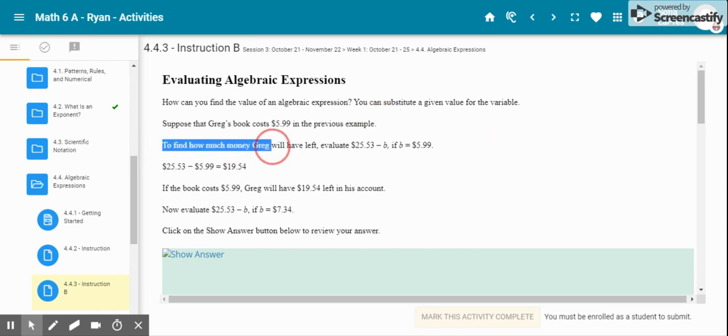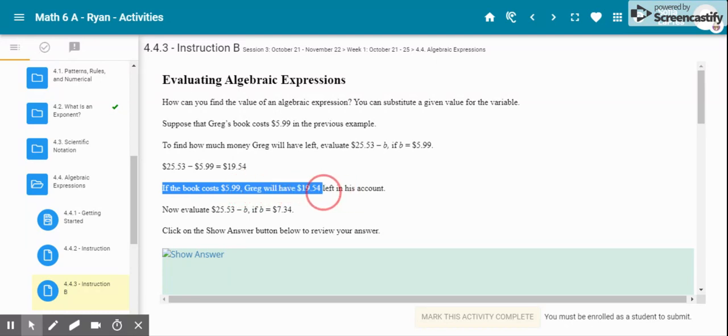To find out how much money Greg will have left, evaluate $25.53 minus B, and we will put in the value of $5.99 for B. So we can rewrite the expression $25.53 minus $5.99. So we don't have to solve this here. We've been given the answer to evaluate that the answer is $19.54. So in this case, if the book costs $5.99, we put that in for B. That means he will have $19.54 left in his account.